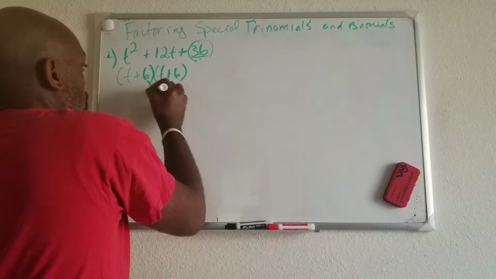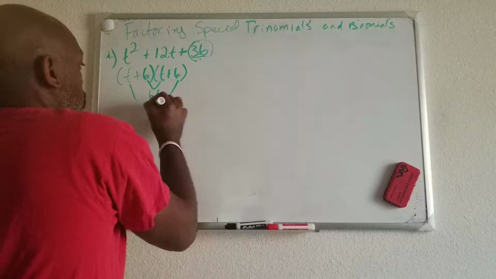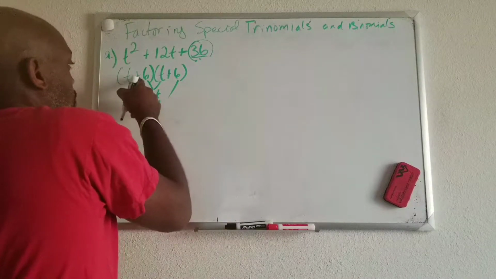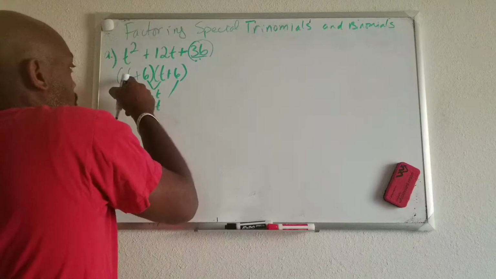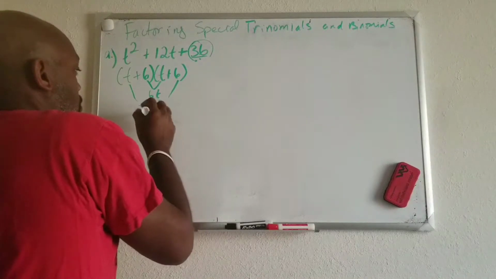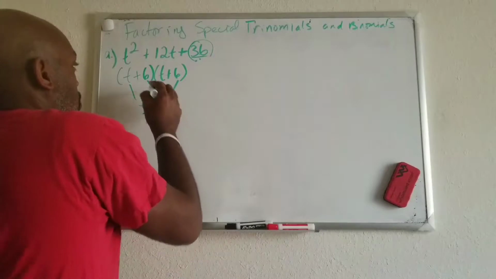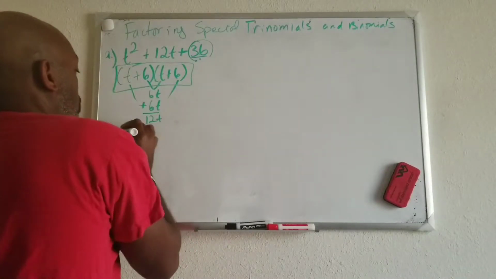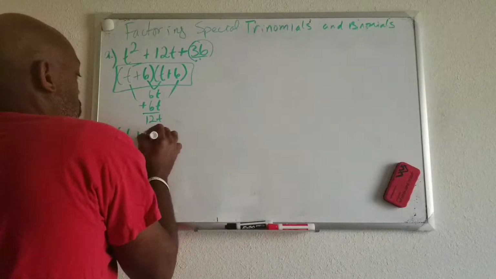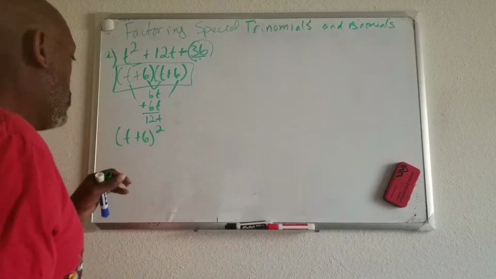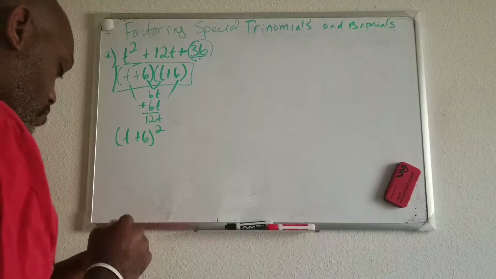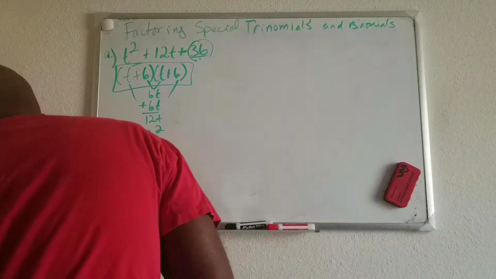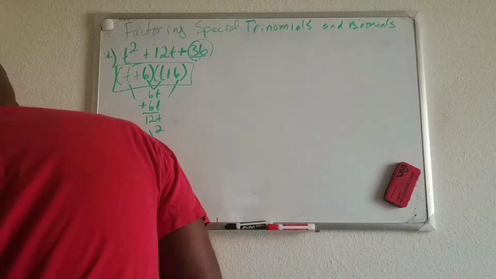And the way that we check that is to multiply the inner terms. We got 6 times t is 6t, and t times 6 is 6t, and that's 12t. So this answer would be correct, but you can write it like this: t plus 6, all right, squared.